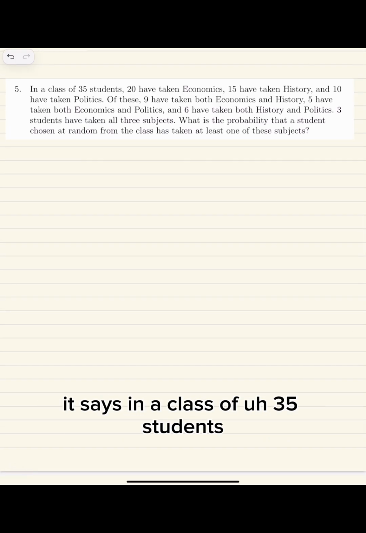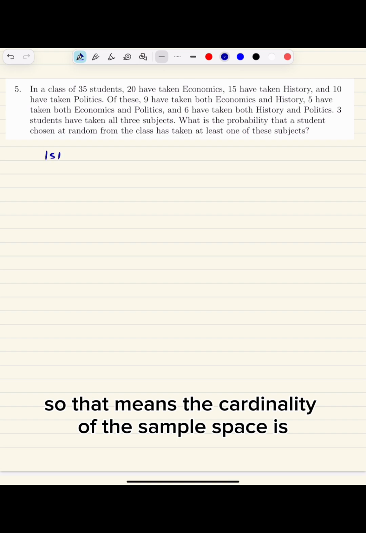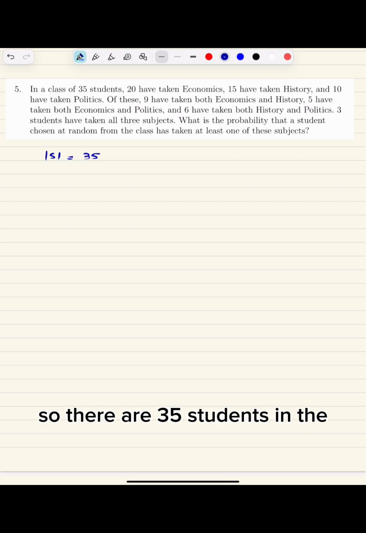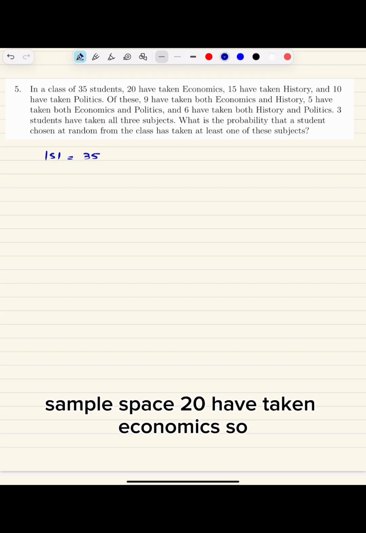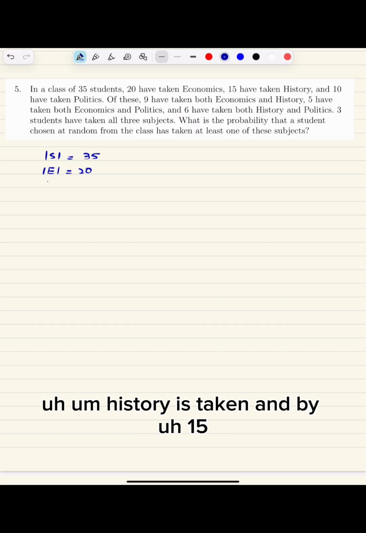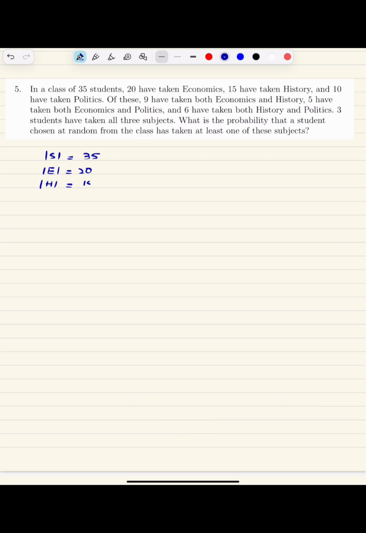It says in a class of 35 students, so that means the cardinality of the sample space is 35. Cardinality means the number of elements in a set. So there are 35 students in the sample space, 20 have taken economics, history is taken by 15, and politics is taken by 10 students.